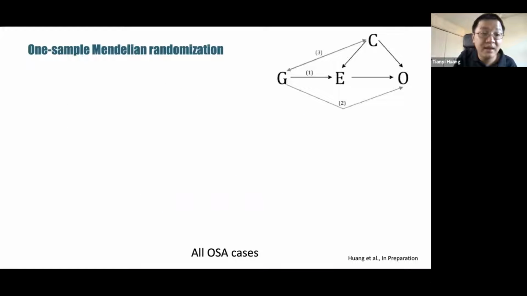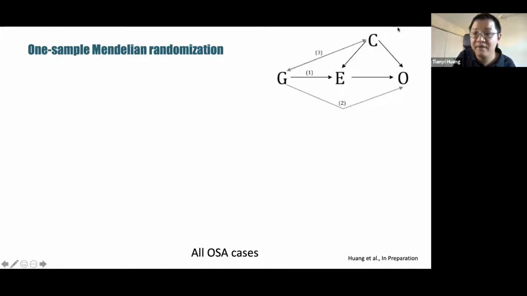Then further, we did a one-sample Mendelian randomization to confirm whether this association is causal or not. For people who are not familiar with Mendelian randomization, this is a causal approach that tries to validate those observational associations. Basically, what we're interested in is the association between the exposure, which is CRP, and the outcome, which is sleep apnea.